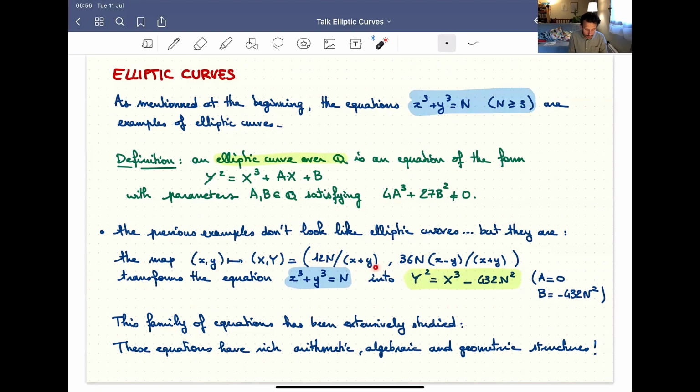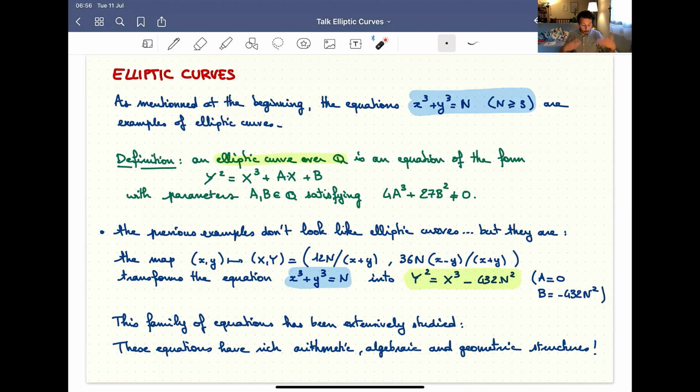This transformation is not a bijection exactly, but almost a bijection, so you can transform solutions into one another. With elliptic curves you have parameters a and b, rational numbers, and you're basically free to choose them. So this is not just one equation, but a family of equations, and they have been studied a lot.